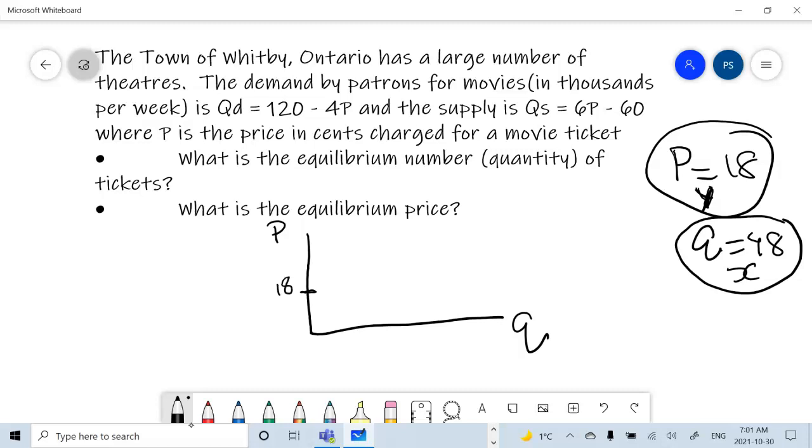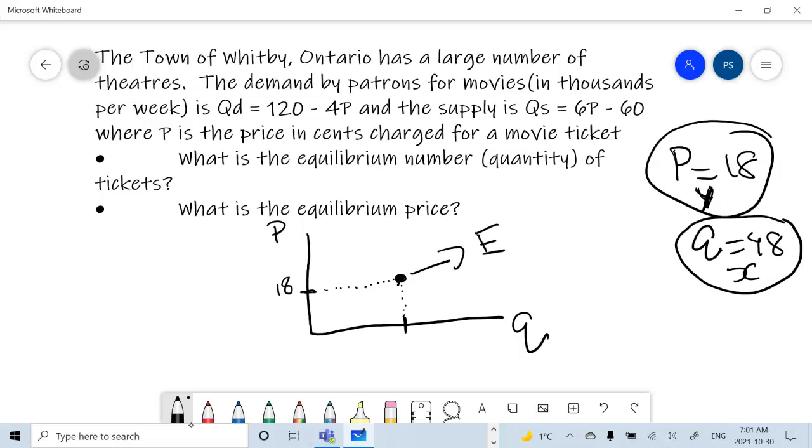Let's just put it here, 18. And somewhere along the x-axis is going to be your 48. So the point where this meets, that being over here, is your equilibrium point.